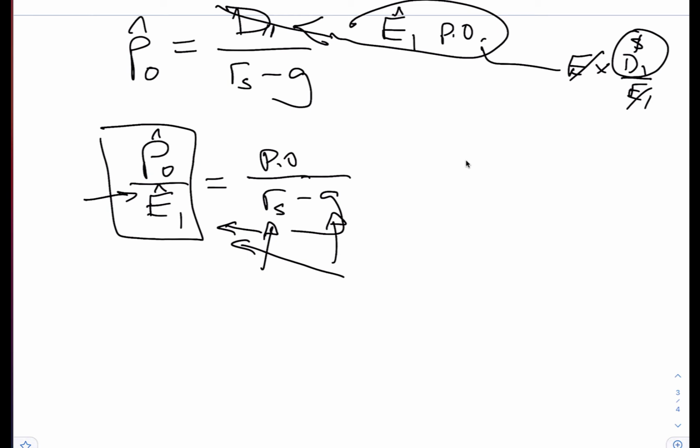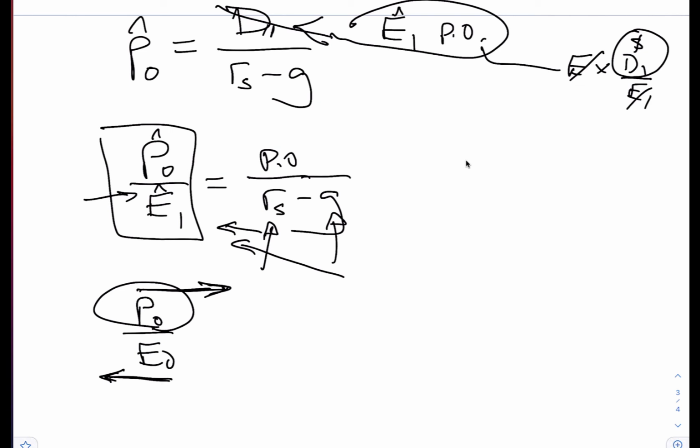Now keep in mind, I'm using what's called a leading PE ratio. There are two types of PE ratios. Both of them use a price today, P subscript 0, the price right now. But the other one uses the earnings per share for the last year. We can observe those earnings per share. So the earnings are backward looking, yet the price is forward looking because it's based on future cash flows and risk.